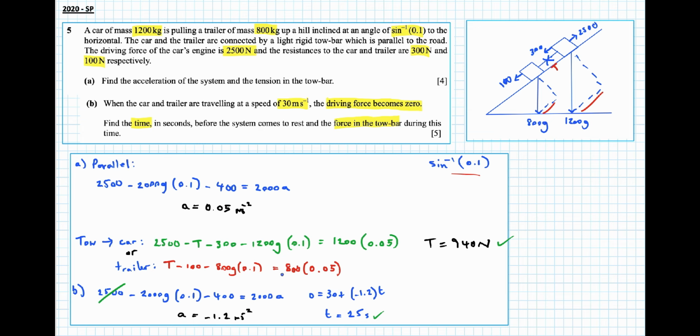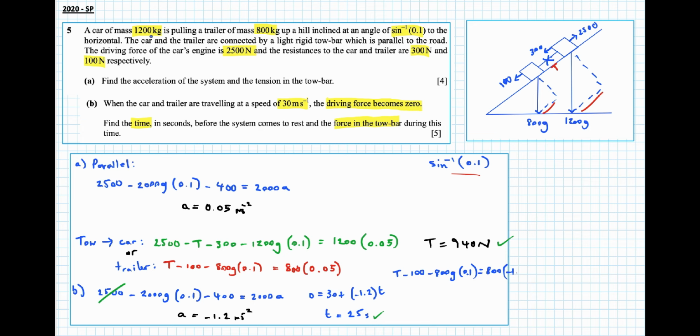Go back to your equation for your force, for your trailer, and plug in our new acceleration. So you have T minus 100, the resistance, minus the 800g times 0.1, that's 100, yeah, minus 800 g times 0.1 is equal to 800 times minus 1.2.